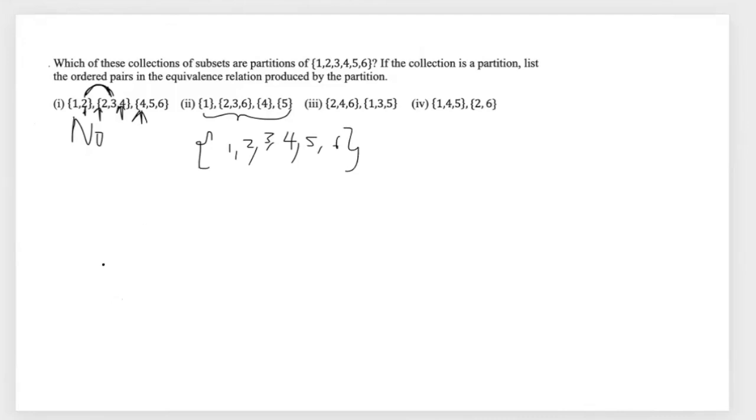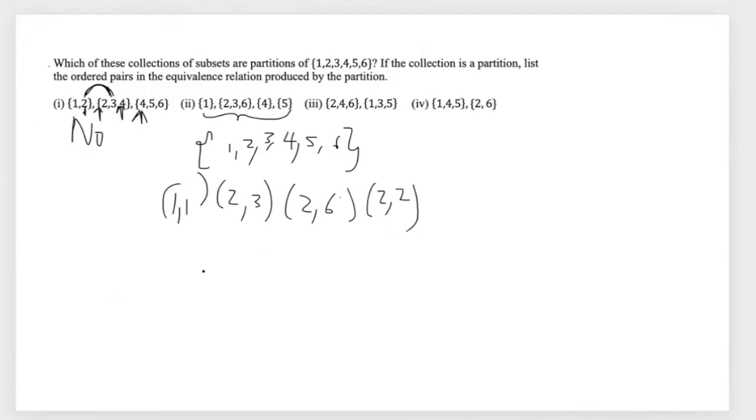The equivalence relation would have us write 1, 1, 2, 2, 2, 3, 2, 6. So this would be 1, 1. Then we go to 2, 2, 2, 3, then 2, 6. Oh, I forgot to write 2, 2.